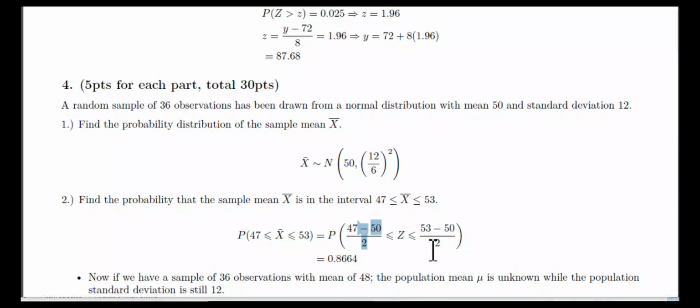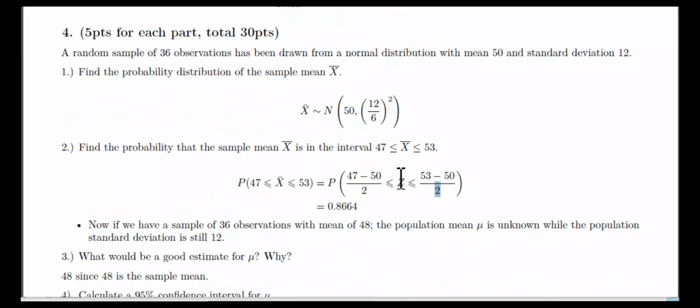So if we want a probability problem, we standardize by subtracting the mean 50 and then dividing by the standard deviation of 2. Okay? Here it is 2 instead of 12, because 12 is the population standard deviation, and 2 is the standard deviation of the distribution for X bar.